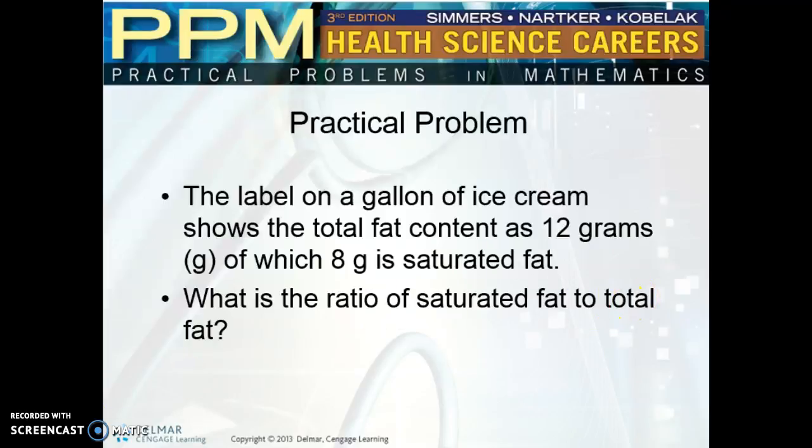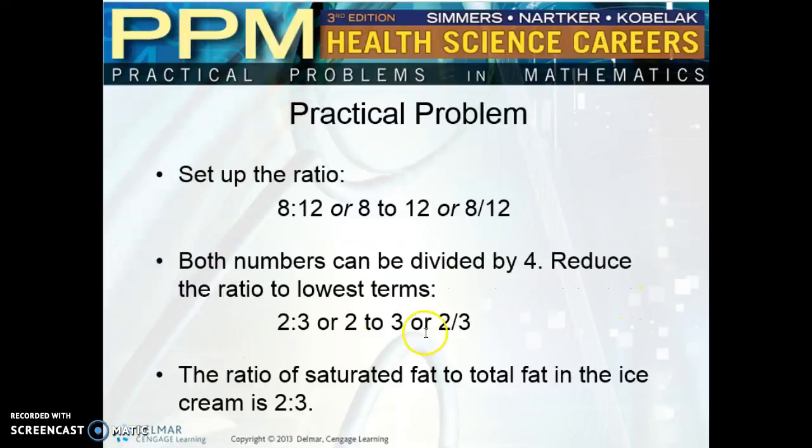So it's going to be 8 to 12. And then we want to reduce that, so it's 2 to 3. So the ratio is 2 grams of saturated fat to every 3 grams of total fat. Again, it's key to make sure that you identify those units. That's going to be very helpful in this next unit.